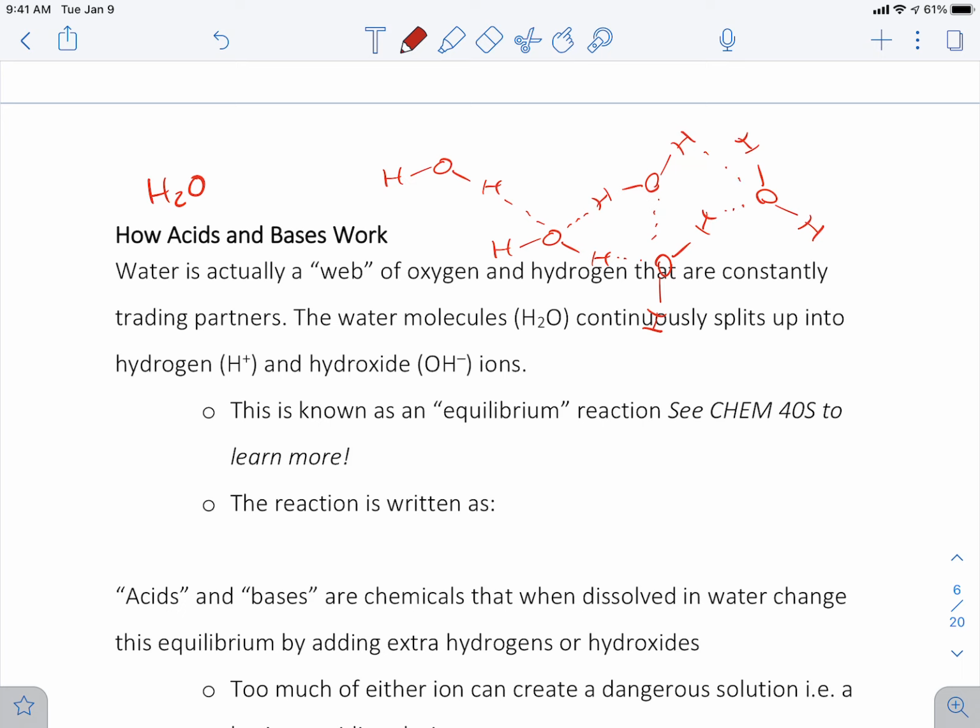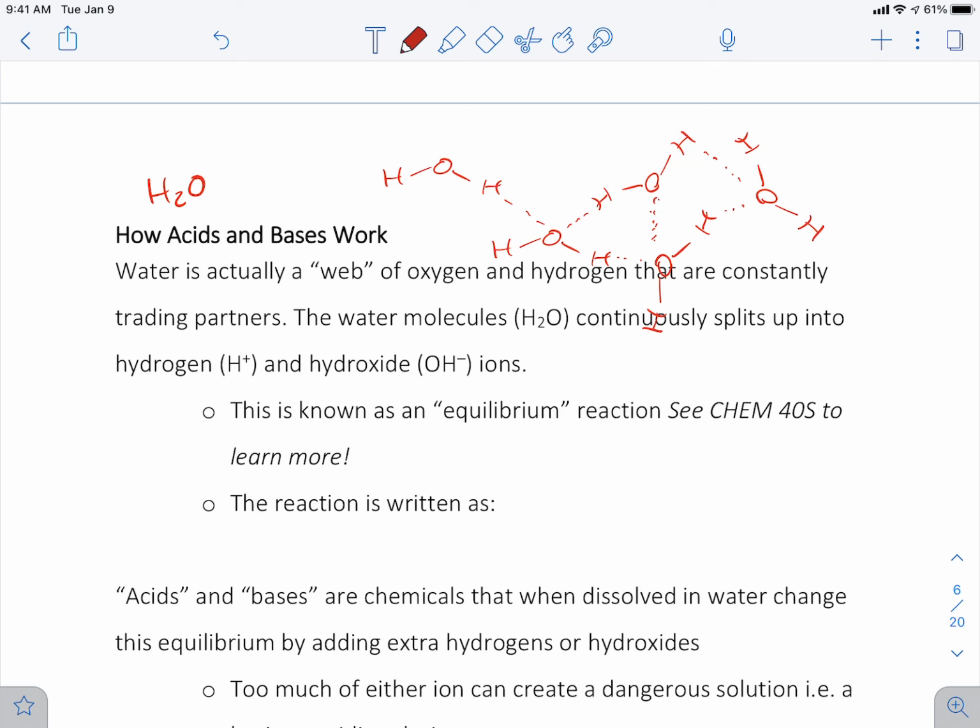One oxygen might be connected to four, maybe five hydrogens all at the same time, all really close together and spreading out. And this is called a network of hydrogen bonds.